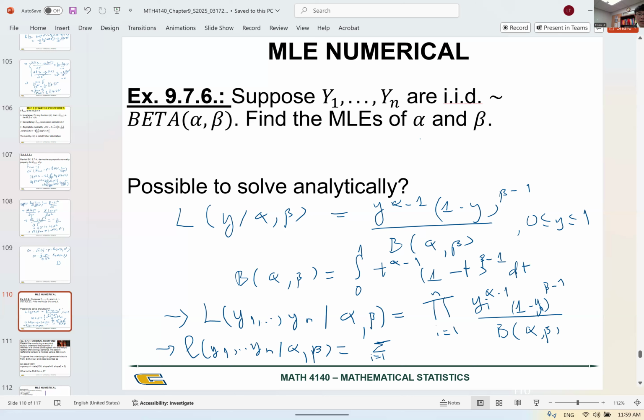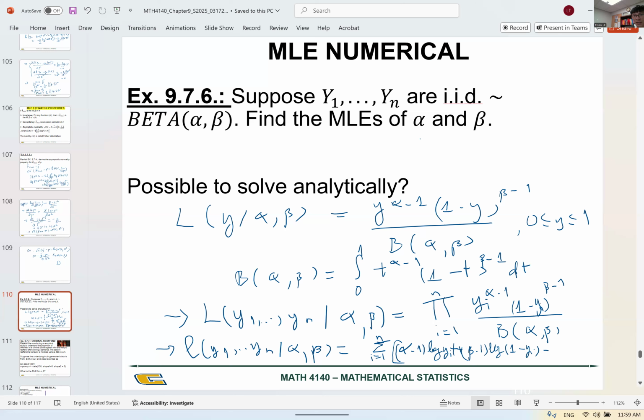I from 1 to n. A block of y_i^(alpha minus 1), alpha minus 1 log y_i, right? Alpha minus 1 log y_i plus beta minus 1 log(1 minus y_i).